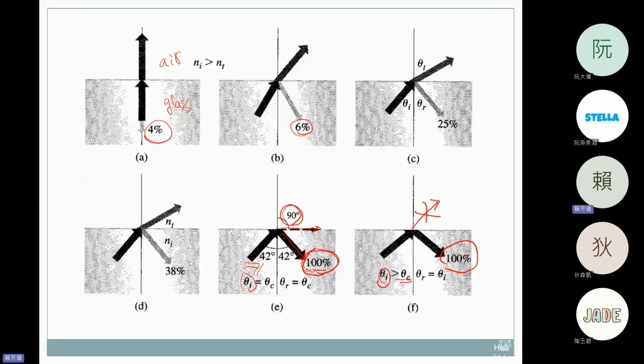So when total internal reflection happens, what is the condition? That means you have two conditions.